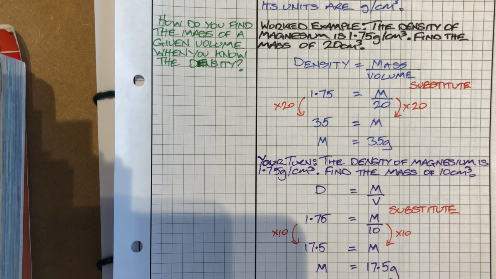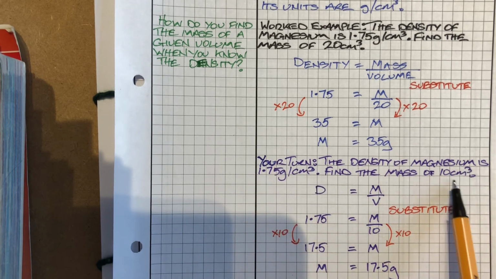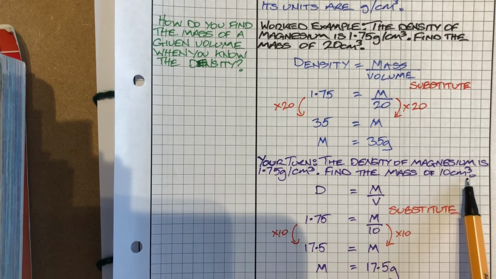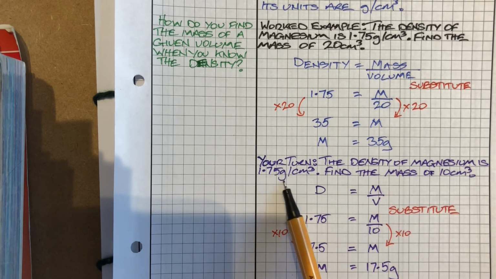Okay, if you're a little bit confused by the units, well, what units have I got here? I've got grams per cubic centimetre and I've got cubic centimetres here. What units do I need for my answer to make that work? Well, it's got to be the matching ones. It's got to be the grams. Okay.